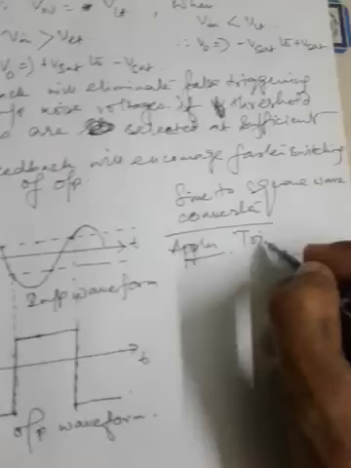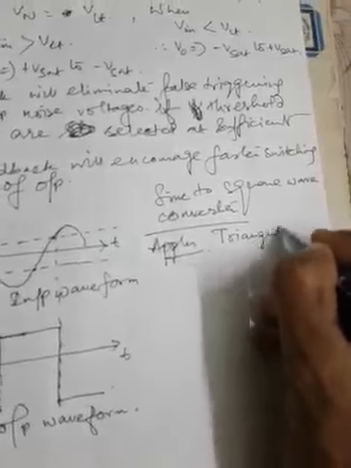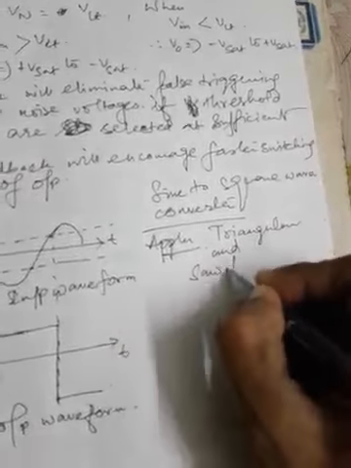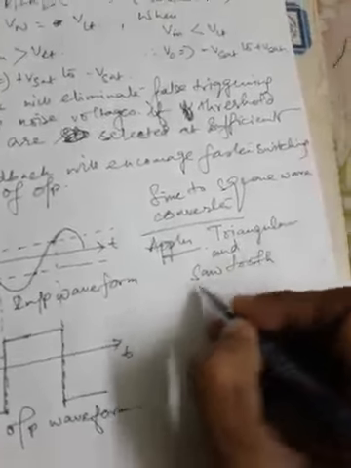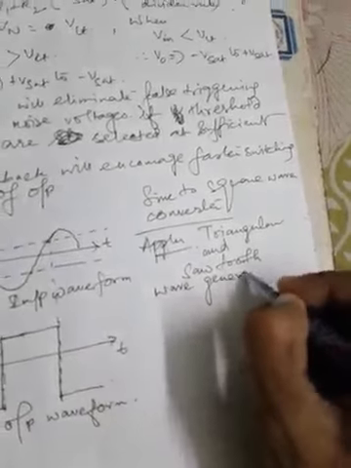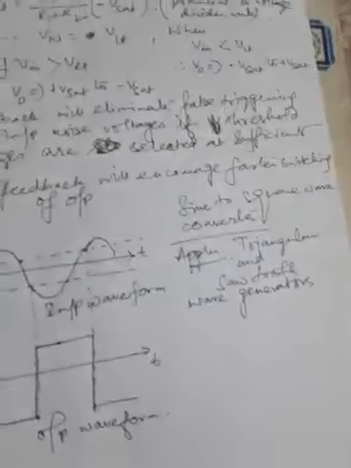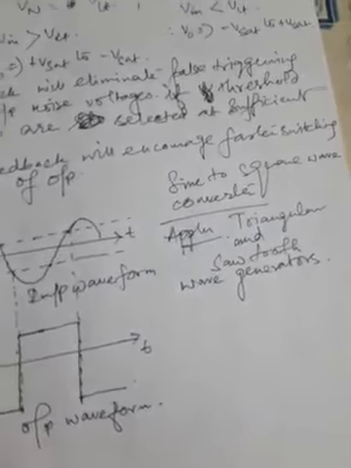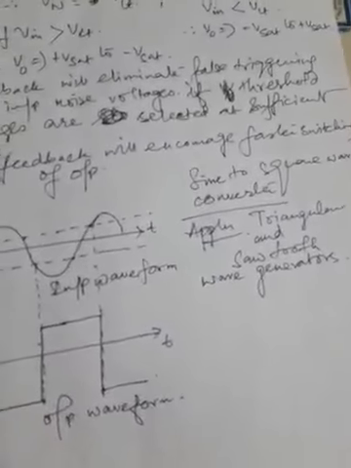So this particular circuit has applications in triangular and sawtooth wave generators. So waveform generator circuits are those where we can see the application of Schmitt trigger. In these generators, a non-inverting comparator is used as a Schmitt trigger.